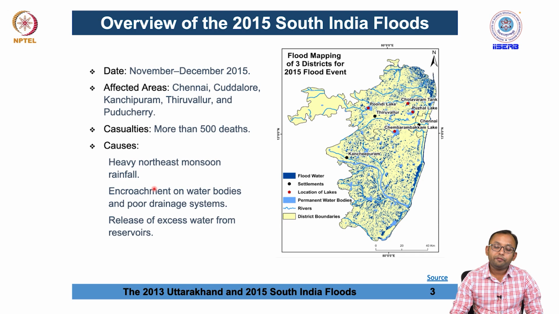The primary reason is rainfall and monsoon, that was a high intensity monsoon. And another reason is that there was significant damage because of the encroachment of the water bodies. We have already reported multiple times that there were many water bodies or lakes there. Now they have been converted through land use land cover change into different types of land use activities.